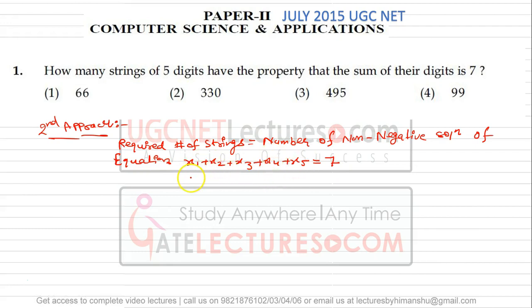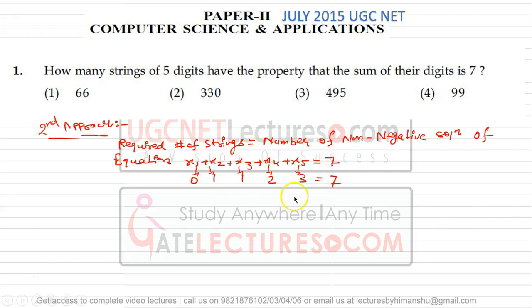You can put anything here like this, 0, 1, 1, then 2 and 3. The sum of the digits is 7. x1 is 0, x2 is 1, x3 is 1, x4 is 2, x5 is 3. So we need to find the number of solutions such that x1 plus x2 plus x3 plus x4 plus x5 equals 7.